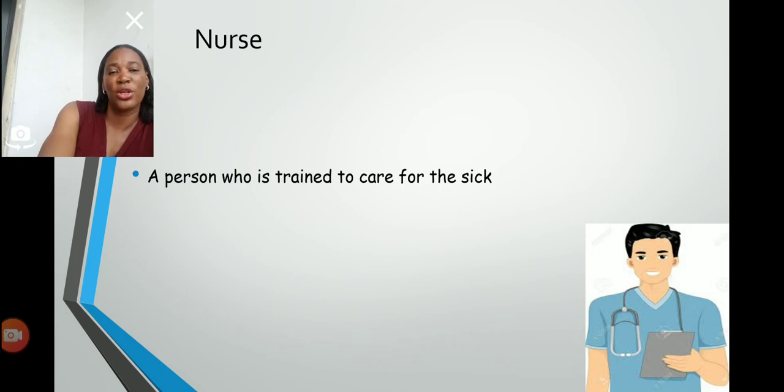It's usually the doctor who finds out what is wrong with you and decides the treatment he's going to give you. But a nurse takes care of you while you're sick, gives you your medicines, gives you your injections, and makes sure that you are as comfortable as you can be while you try to get better. A nurse is spelled N-U-R-S-E.